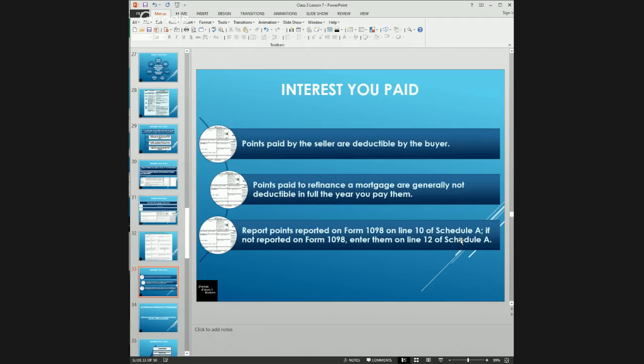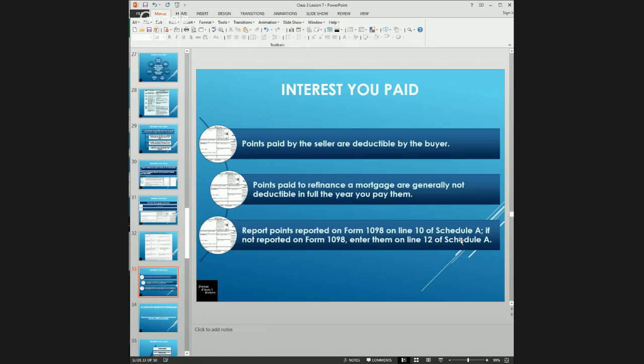Points that are paid by the seller are usually deductible by the buyer. Points that are paid to refinance your mortgage are generally not deductible in full in the year that you pay them. However, there is a set of circumstances that would allow you to deduct them fully in the year that you pay them.